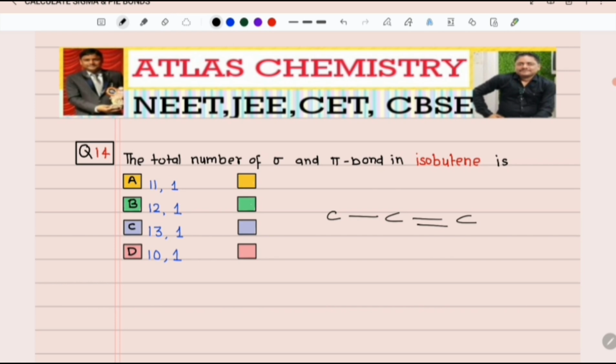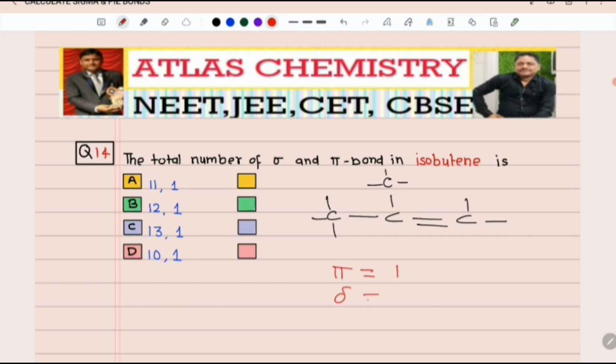At the first carbon there is a double bond, and because it is iso, on the second carbon a methyl group is attached. Now we have to maintain the valency of the compound. The pi bond is only 1.